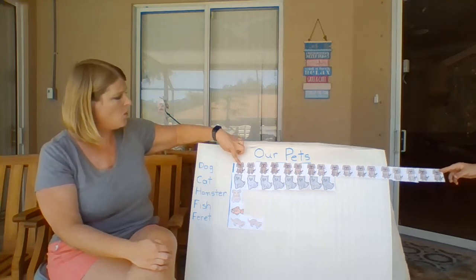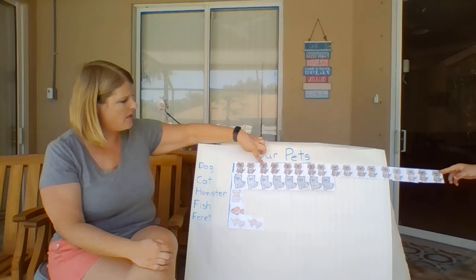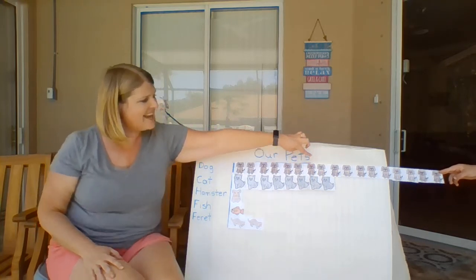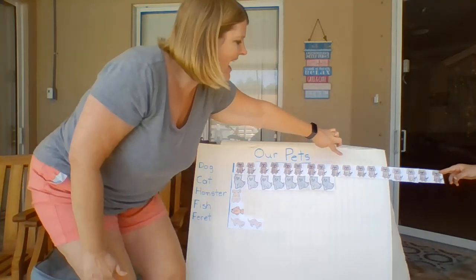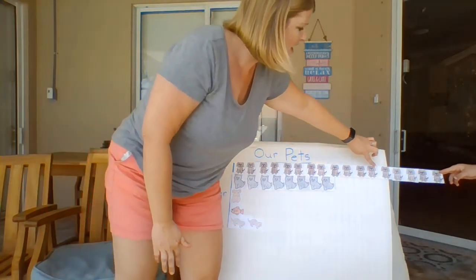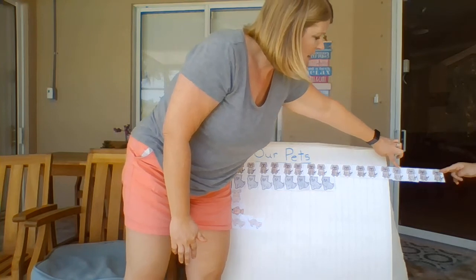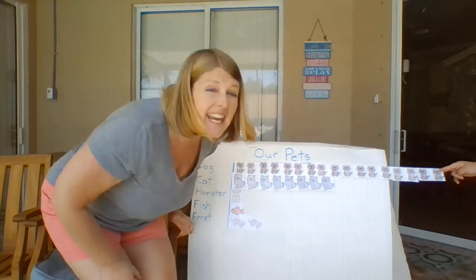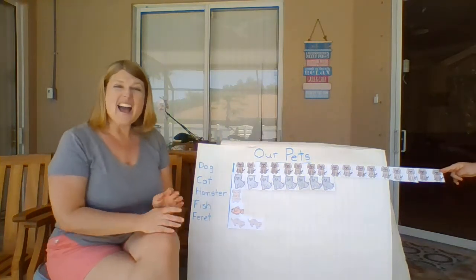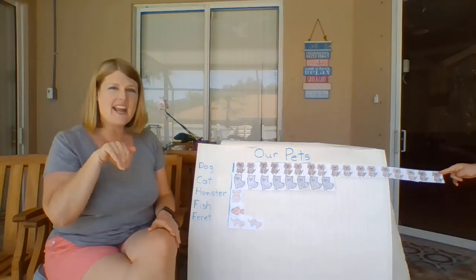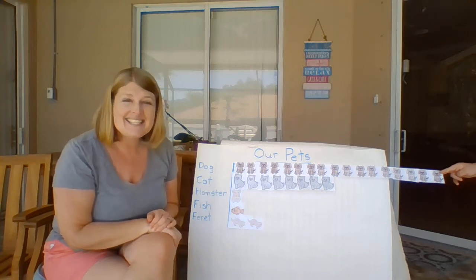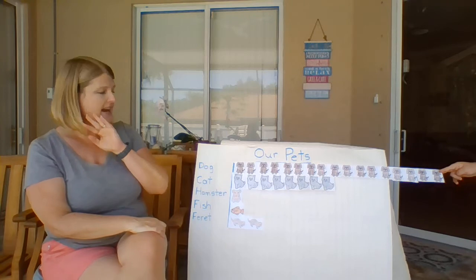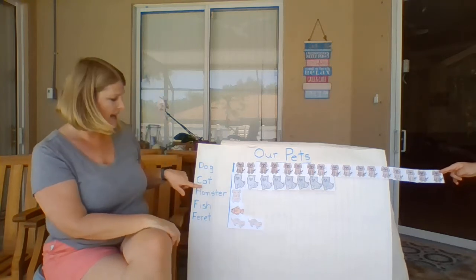Here we go. 1, 2, 3, 4, 5, 6, 7, 8, 9, 10, 11, 12, 13, 14, 15, 16, 17. Wow! At our houses, all together, we have 17 dogs. That's amazing.